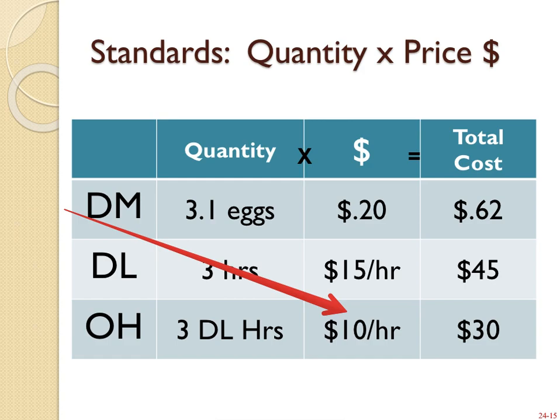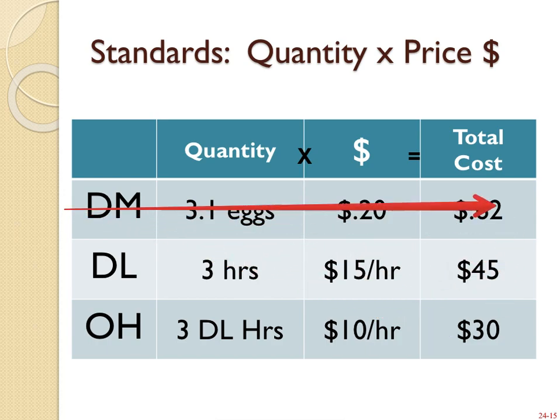And again, that's a combination of your rent, utilities, supervisor salaries, indirect materials, indirect labor, all of that stuff. So you would multiply the quantity times the price, and that would get you $30 of total overhead costs. Now again, these are all estimates, expectations of what we expect to happen.